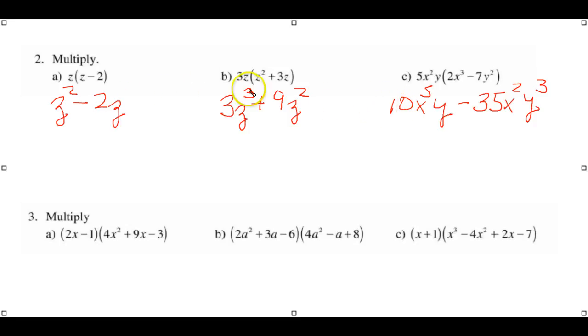And this process is we are distributing. Now, an interesting thing that's happening here, we are going from products now to, in a sense, individual terms. And later in this unit, we're going to say, take this and factor it.